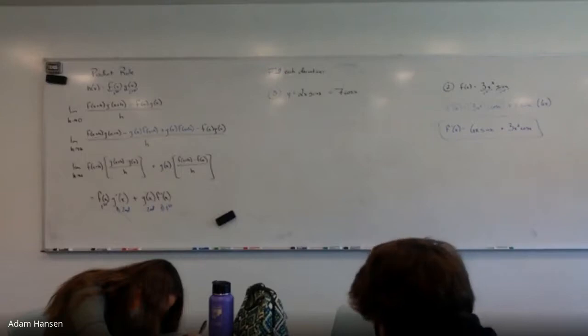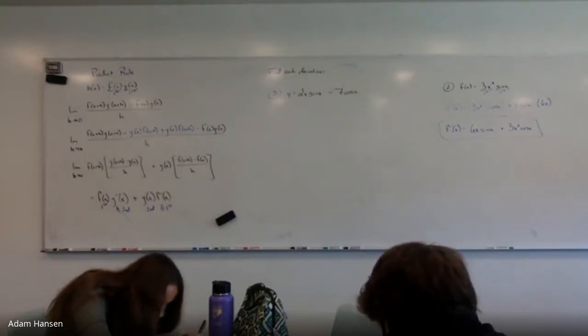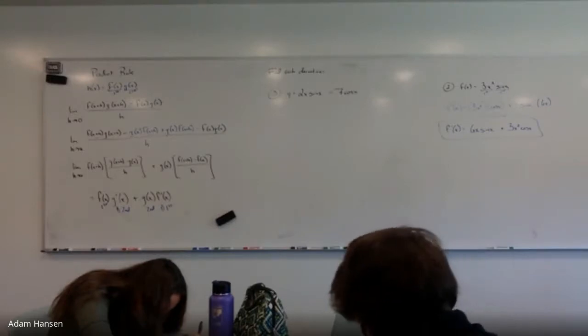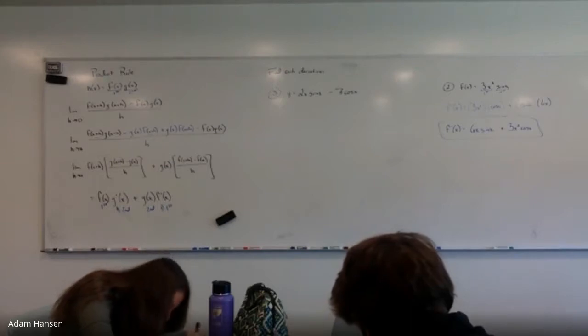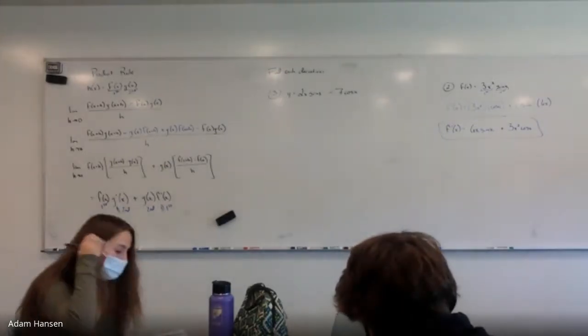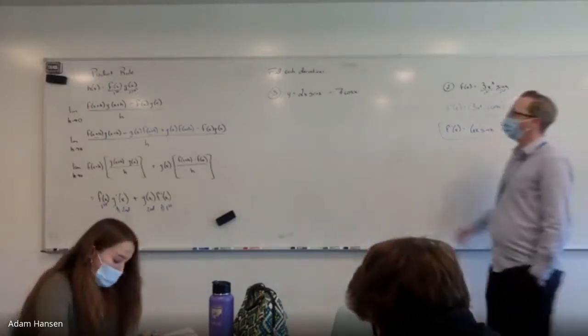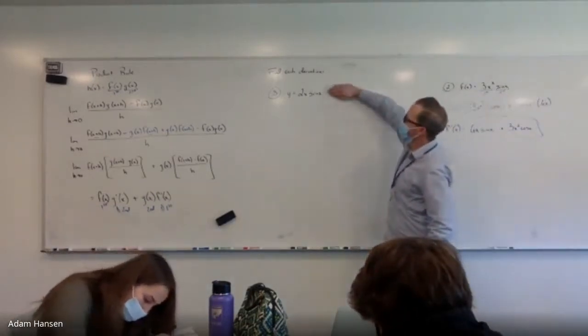What is the derivative of 2x sin x minus 7 cosine x? Take it term by term. Let me get you started. The first term is 2x sin x.